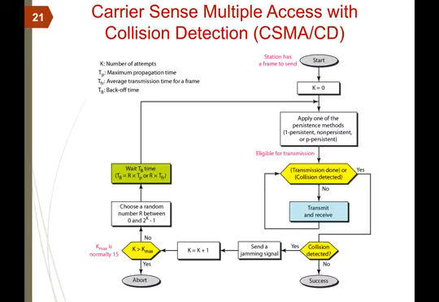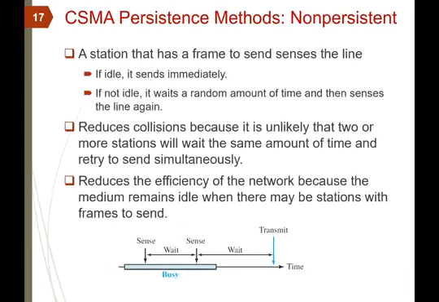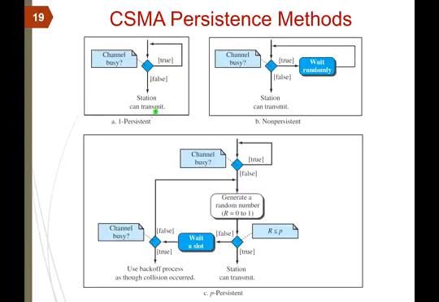So if we look at the algorithm, it's very similar to the carrier sense multiple access, but we have a mechanism to deal with collision. So start with k equals 0. We use one of the persistence methods, either this or this or this, to sense the channel.